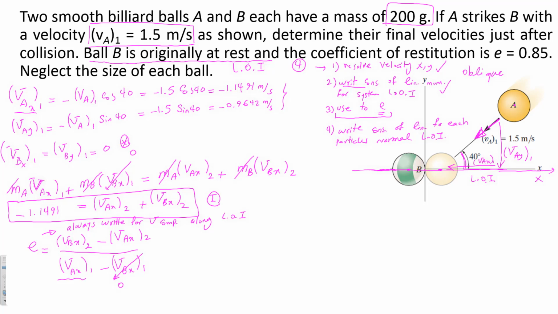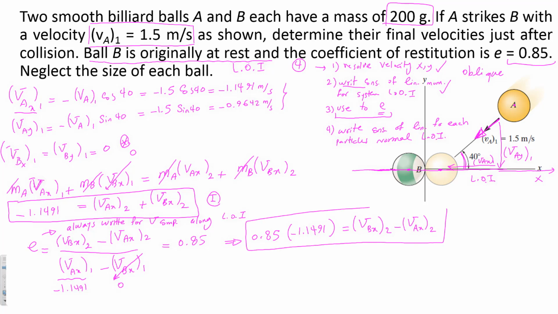VAX1 is minus 1.1491 and e is equal to 0.85. Let me rewrite this equation: 0.85 times minus 1.1491 is equal to VBX2 minus VAX2. Let me call this one equation 2.